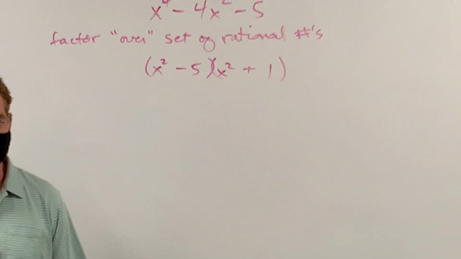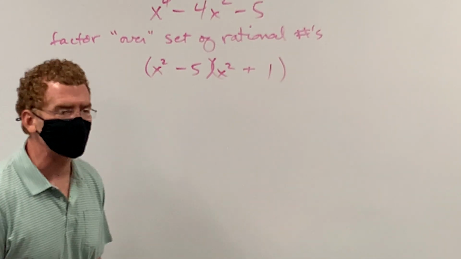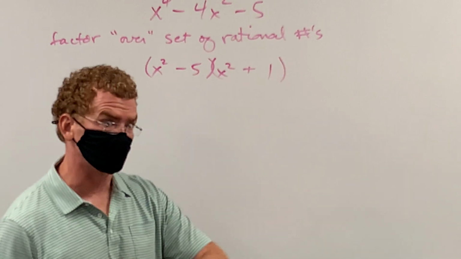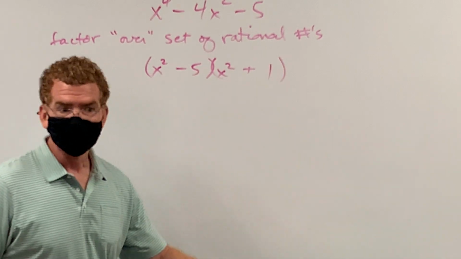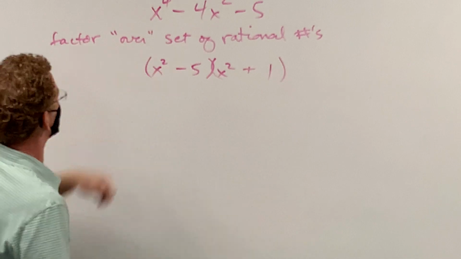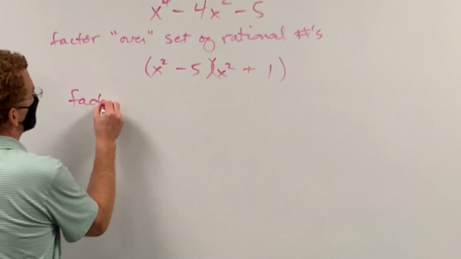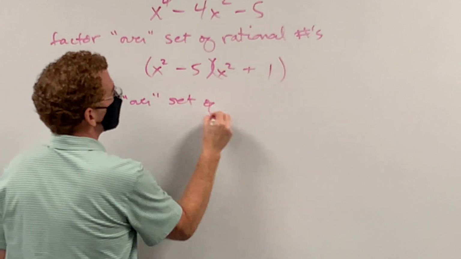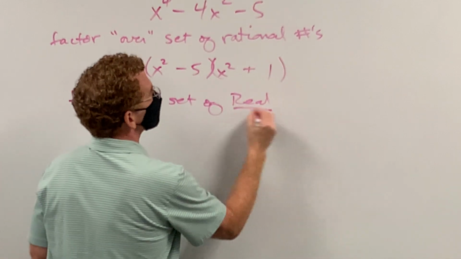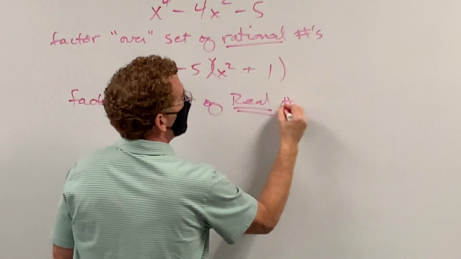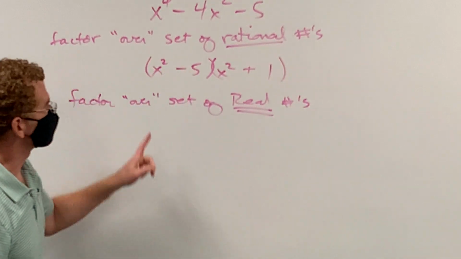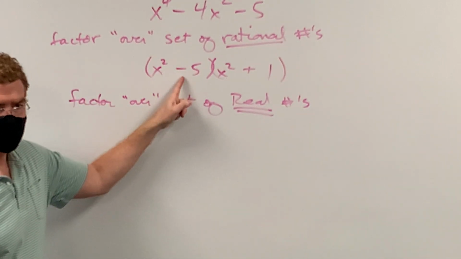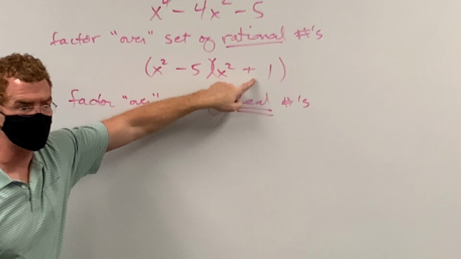Can you factor that any more using rational numbers, or using what you learned in Algebra 2? No. But what if I allowed you to use irrational numbers? Ooh. What do irrational and rational become? Real? So if I allow you real, but not just rational, that allows you to go further with this one. Now, I still can't go further with that one because I would need an i.